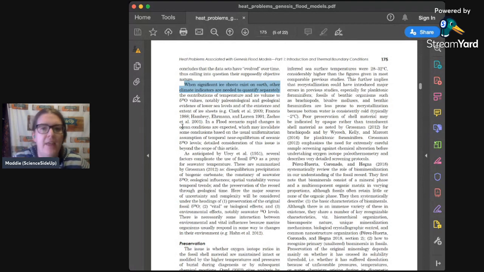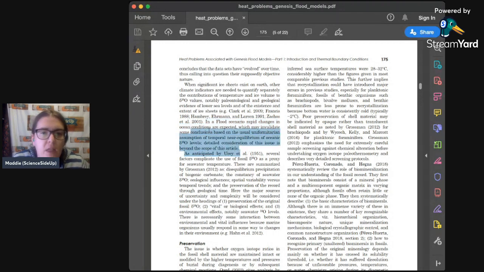And then in a flood scenario, rapid changes in ocean conditions are expected, which may invalidate some conclusions based on the usual uniformitarian assumption of temporal near equilibrium of oceanic levels. Detailed consideration of this issue is beyond the scope of this article.